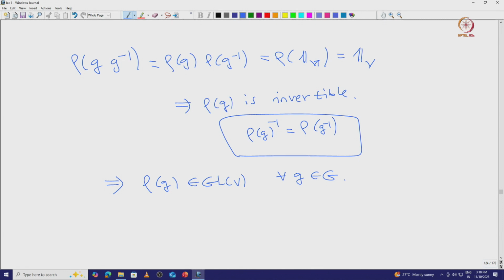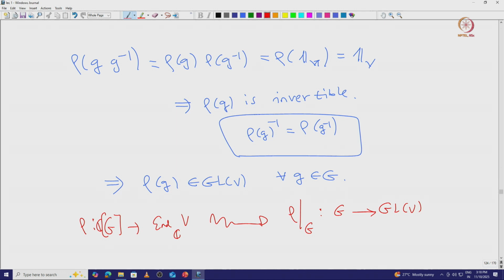So, given a representation from CG to End(V), we are actually getting a map from G to GL(V). Given this map from CG to End(V), we have the restriction map rho restricted to G that defines a map from G to GL(V).